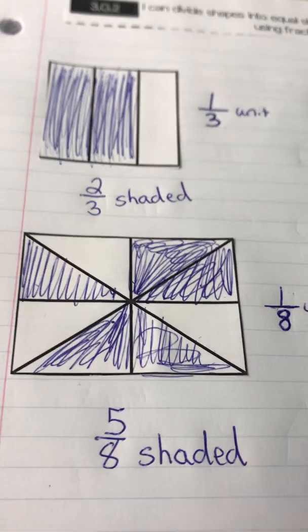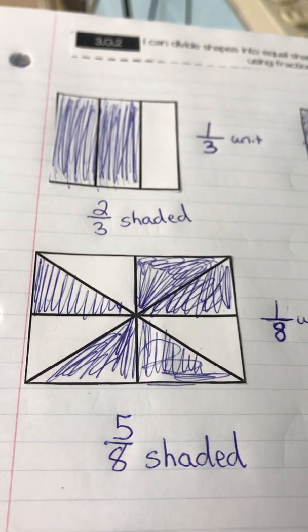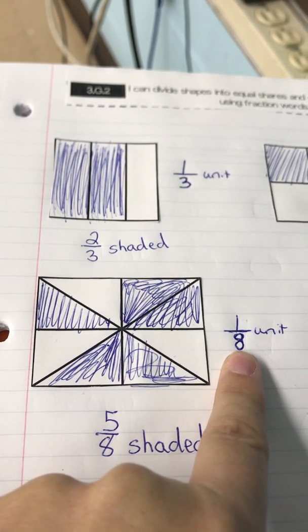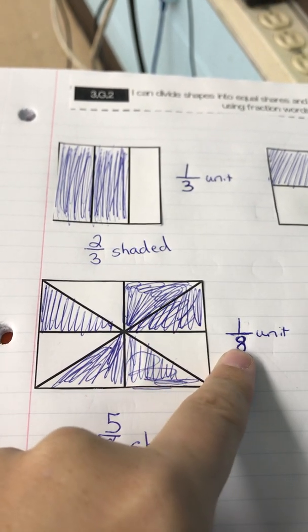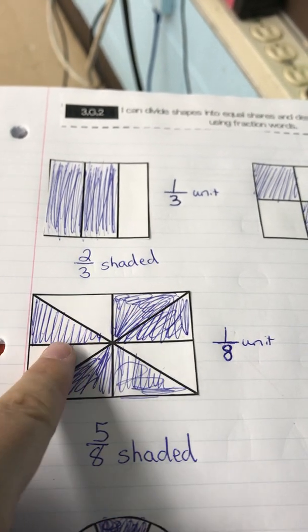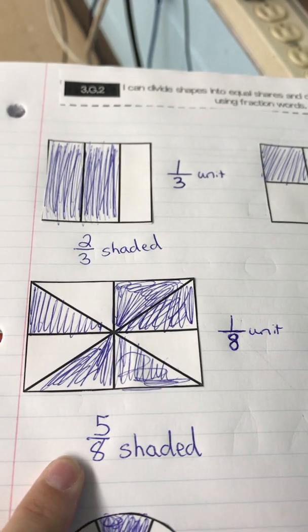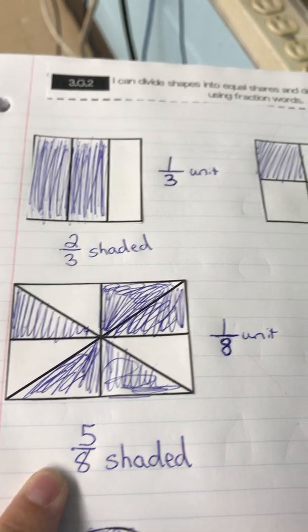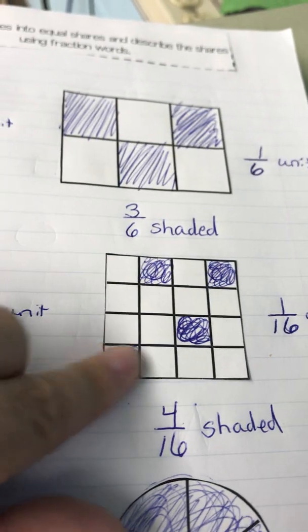This rectangle was divided differently. They divided it into 8ths. So our unit fraction would be 1/8. There are 8 unit fractions. 5 of them are shaded, so our shaded fraction would be 5/8. The next one was a square.